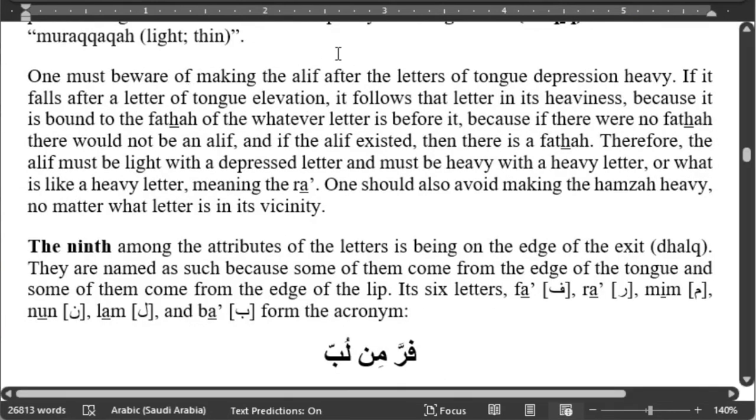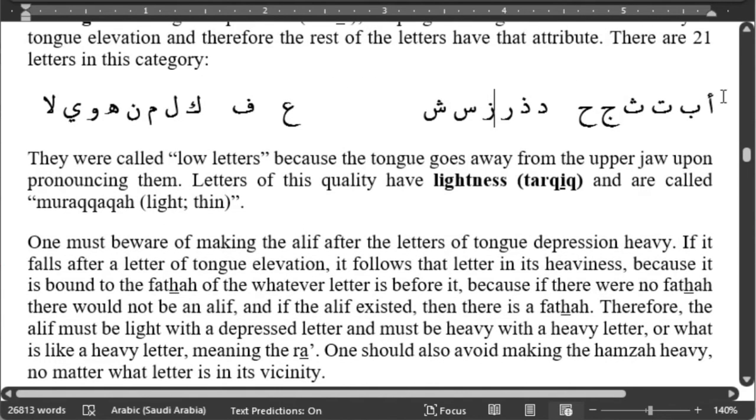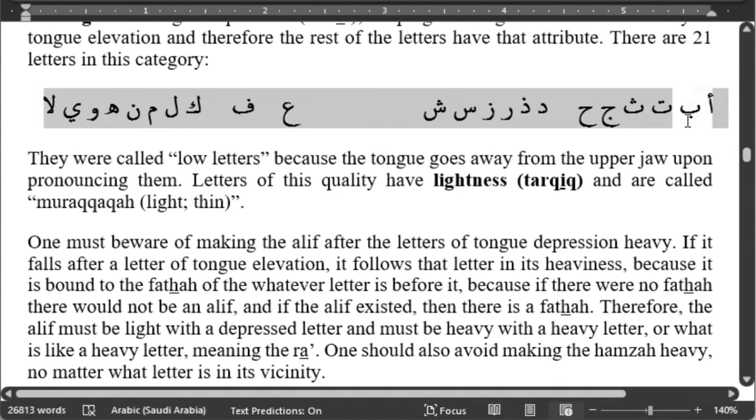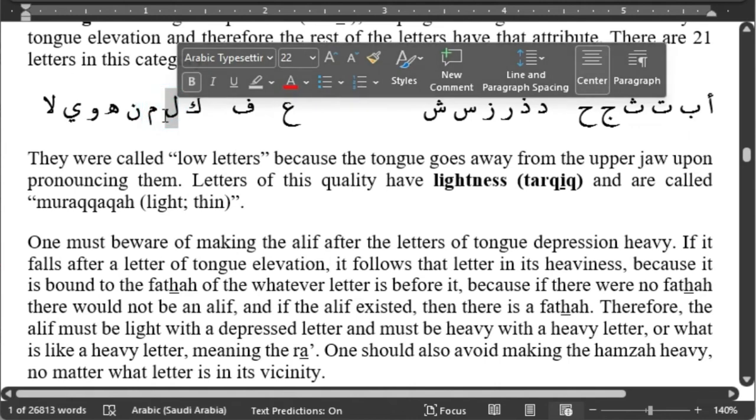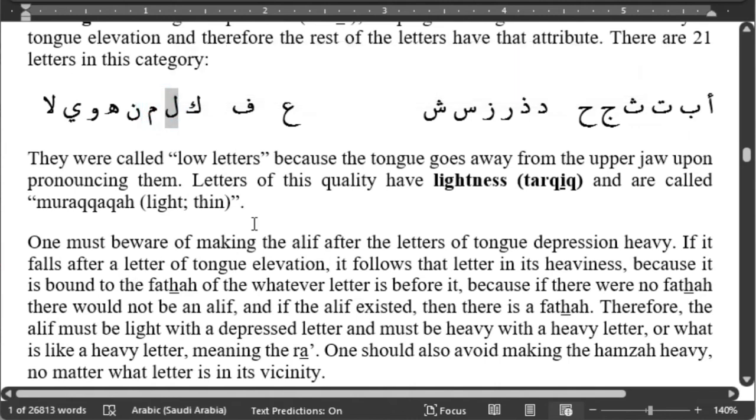One must beware of making the alif after these letters of tongue depression heavy. Yani, all these letters, don't let your alif be heavy. Like, you don't say ba. Don't say like some people, Islam. Islam is the right religion. Say Islam. That's light. That has tarqiq.